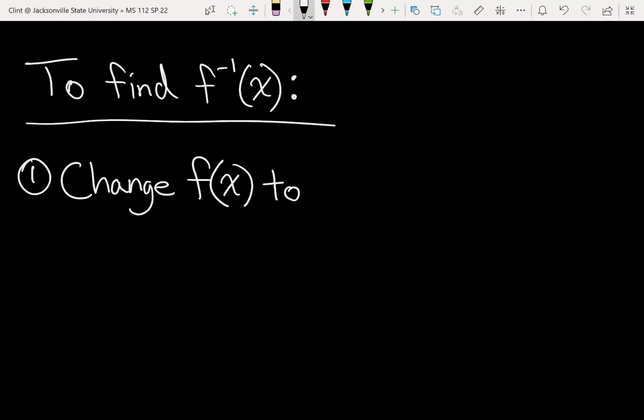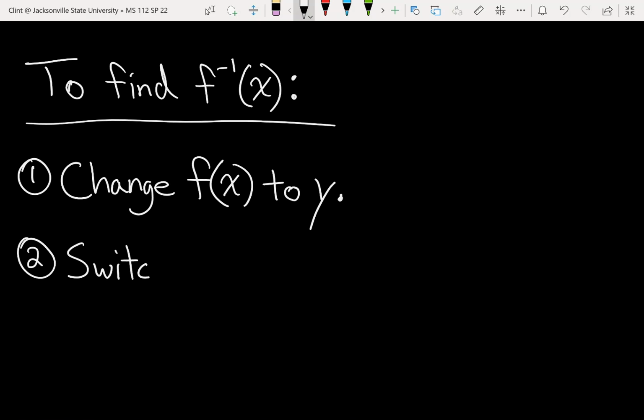We're going to change the name of the function just to y. And that just simplifies the notation a little bit and makes things a little bit less confusing as we move forward.